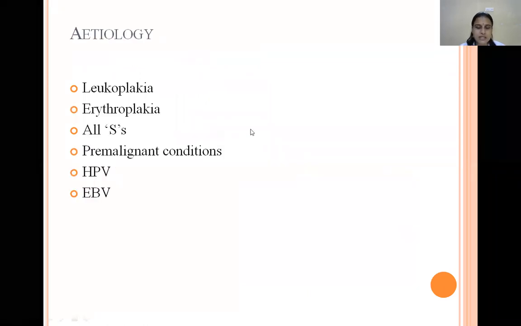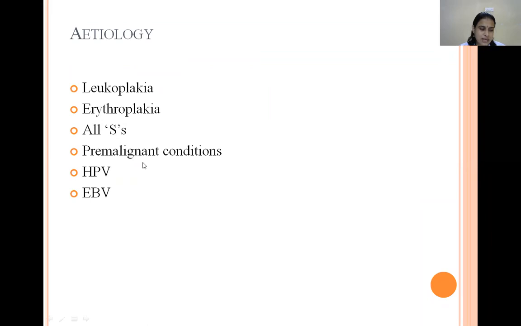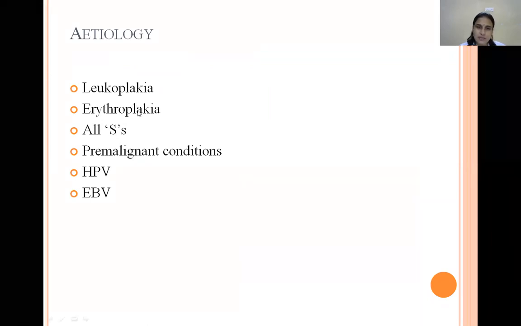Now, what is the etiology? Anywhere in the oral cavity, you have to mention the same etiology. For all malignancies in the oral cavity, the etiology is the same. Leukoplakia and erythroplakia are more predominant. Smoking, alcohol, and tobacco are the causative and predisposing factors, as are spices.